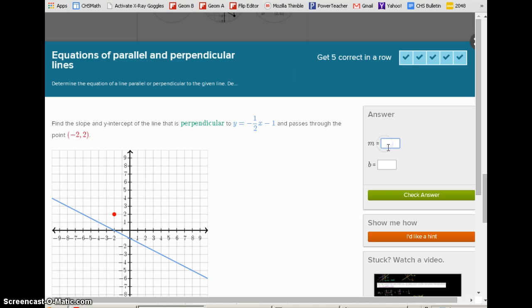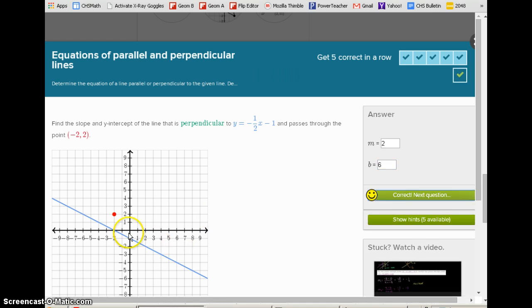So we have a slope of 2 and an intercept at 6. That's how those are done. Rise 2/1, rise 2/1. I know that because it's a positive slope, because this one is negative, right? The -1/2 is a negative slope, and my perpendicular line is going to have the opposite sign. It'll be positive, and it'll have the reciprocal.